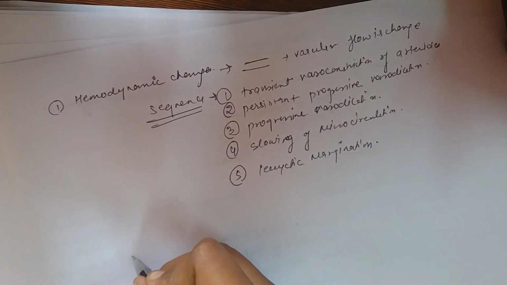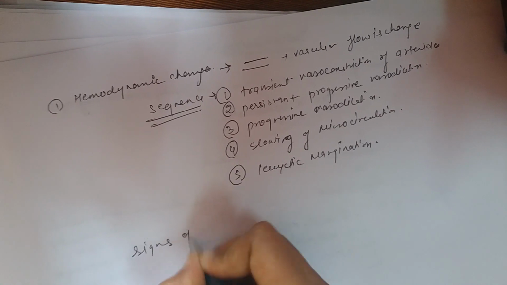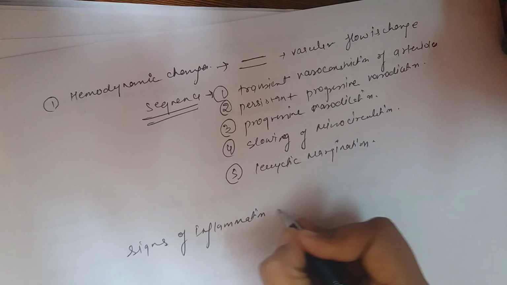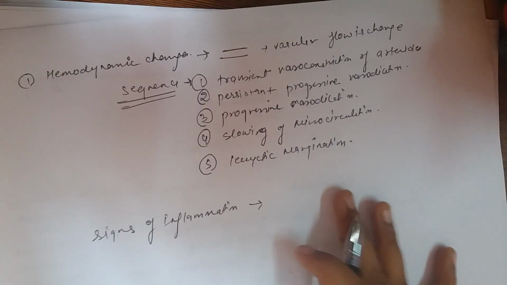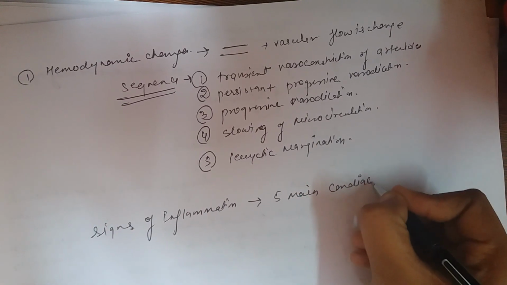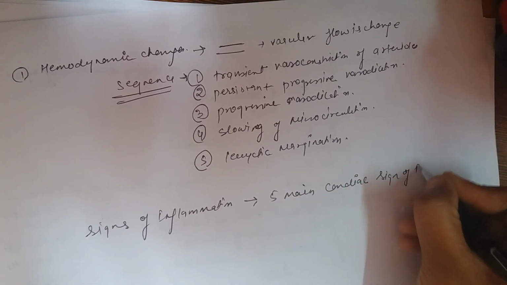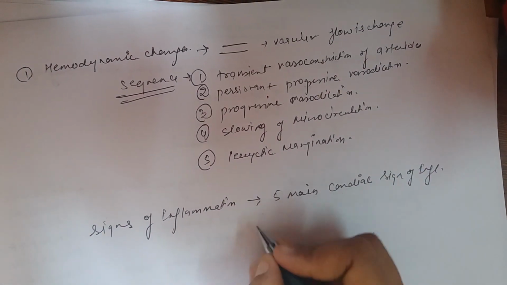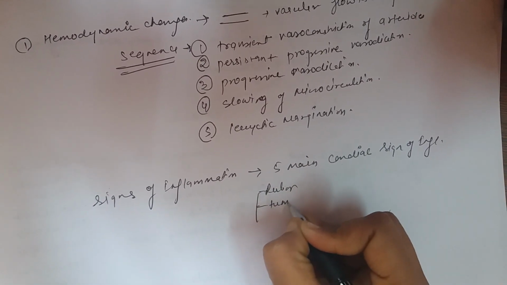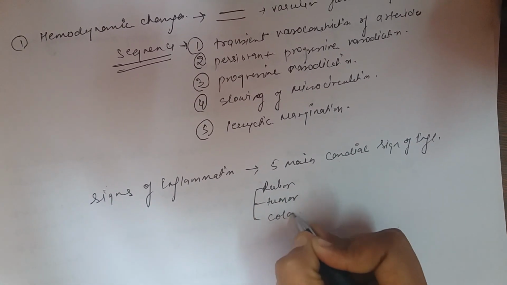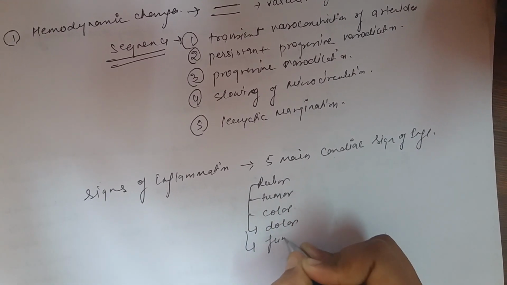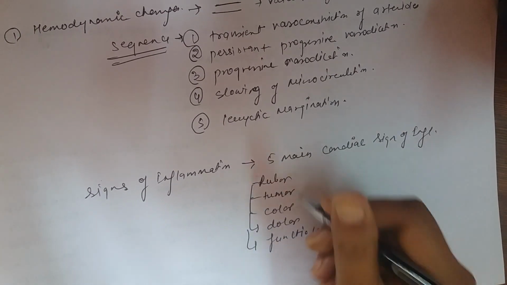Now we'll discuss the signs of inflammation. There are five main cardinal signs of inflammation: rubor, tumor, calor, dolor, and functio laesa.